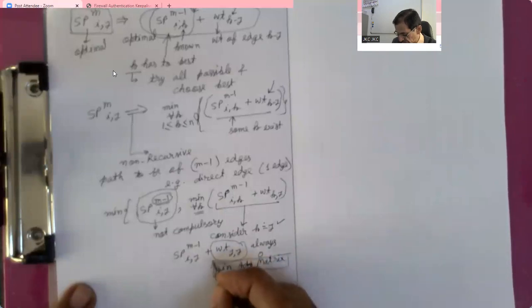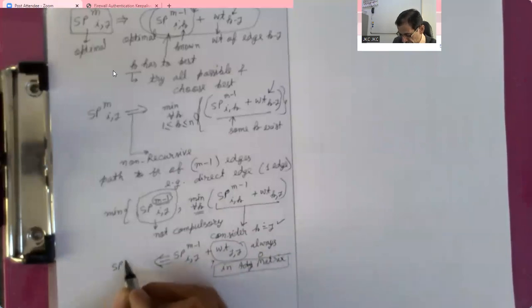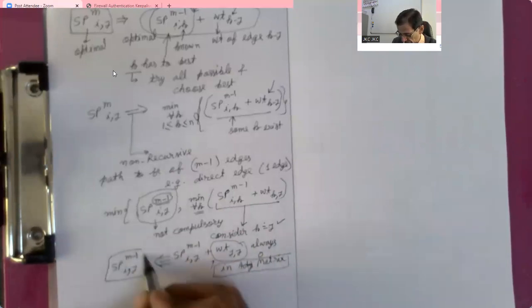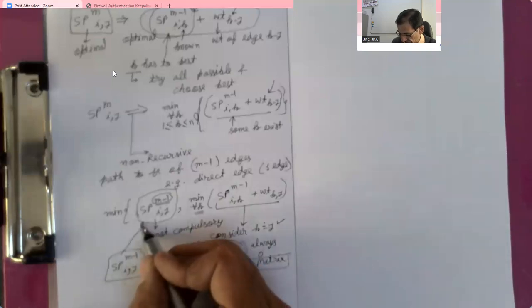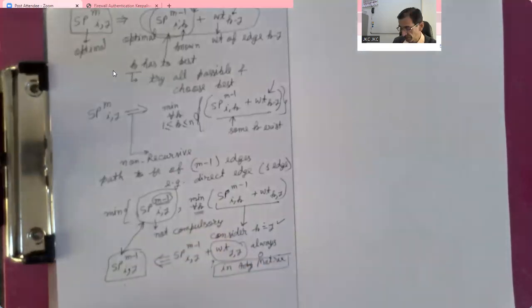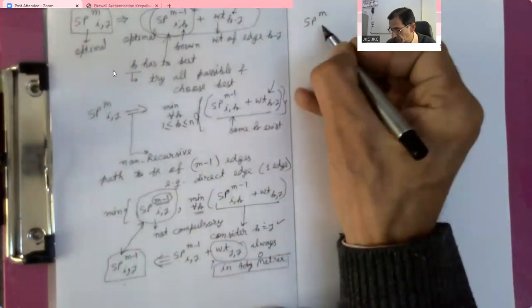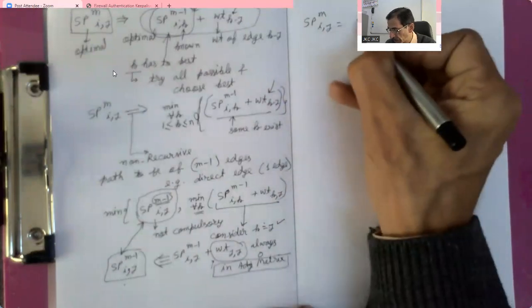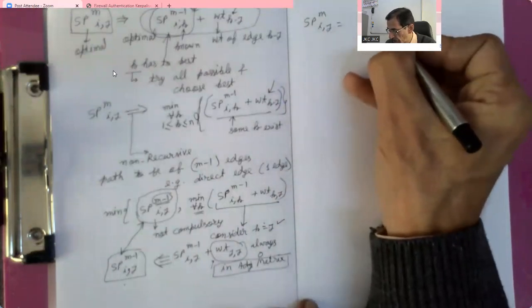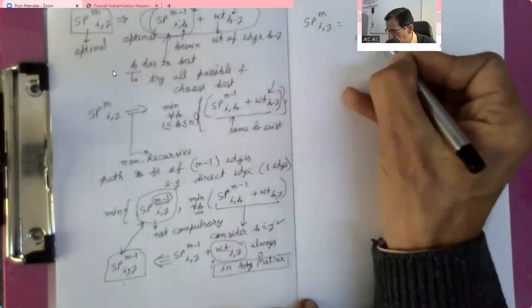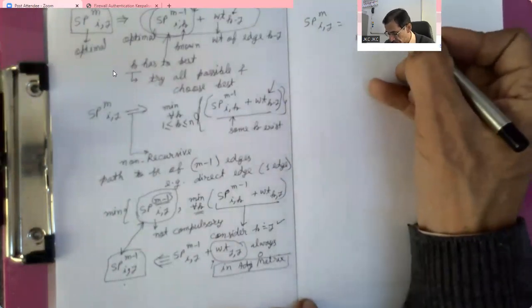So this becomes equivalent to SP(m minus 1) ij, because the other part is 0. And this value is exactly the same as this one. Hence, I have nothing special to be done: if it was recursively solvable, it is equal to nothing but the minimum over all k, and k should be taken for all possible values, including k being equal to j.